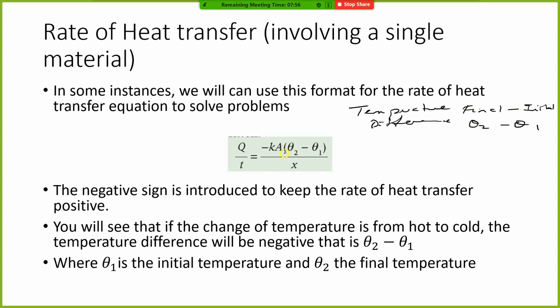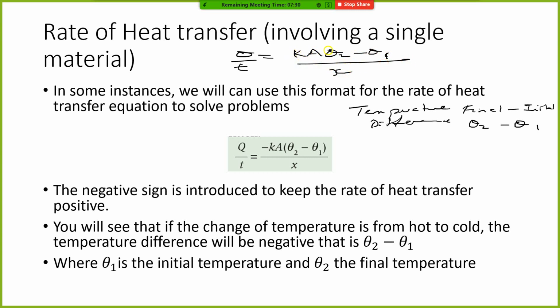Now, when you put this in this formula, Q divided by T is equal to K times A times our temperature difference, which is Q2 minus Q1, divided by X.